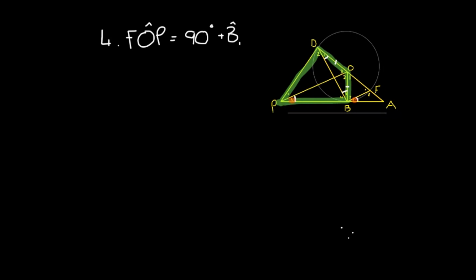Okay, fantastic. Now, they actually asked us to focus on FOP, which is O1 and O2, and they wanted us to classify that in terms of B1. Well, if I look inside this triangle ODP, can you see we have O3, we have D1, D2, and we have P. And if we remember from our summary, what was D1 and D2? You're 100% right. That was 90 degrees because radius perpendicular to tangent. So if that's 90 degrees, now we've got O3 in terms of P1.